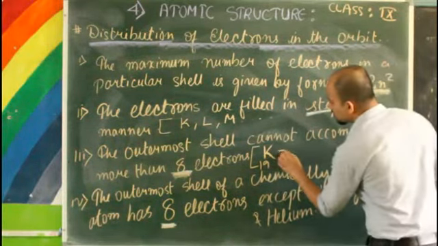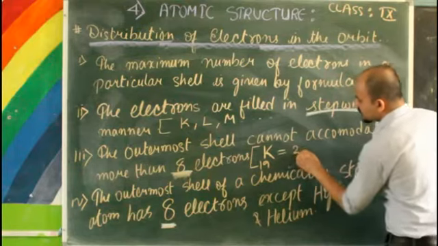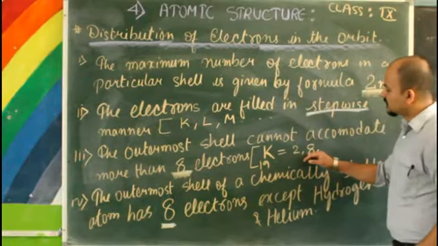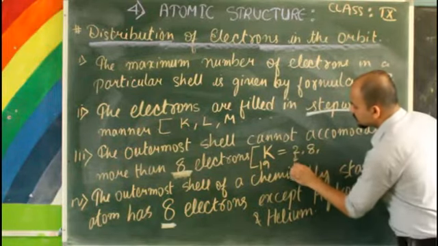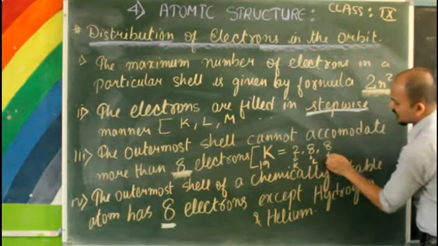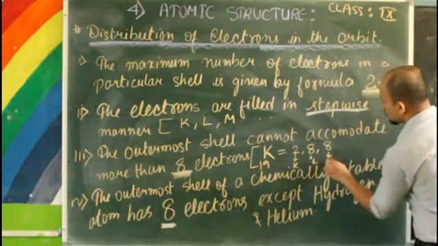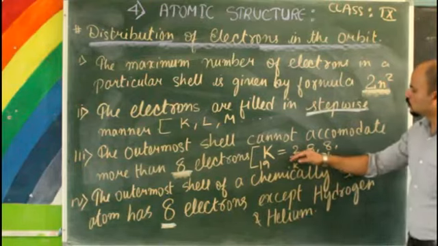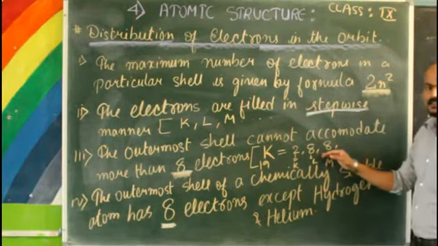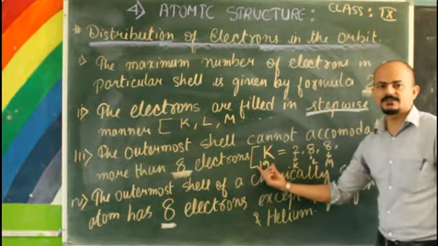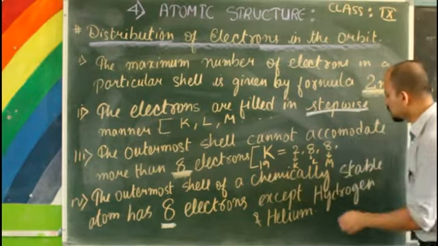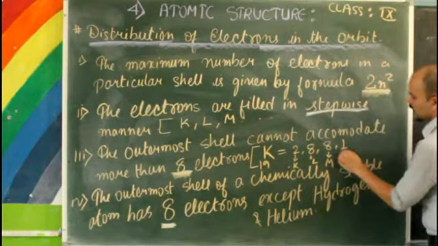So how are the electrons filled? 2 electrons are filled first in the K shell, then 8 electrons in the L shell, then the M shell. Now count the electrons. 2 plus 8 is 10. 10 plus 8 is 18. Now how many more electrons are left? 1 more, because a total of 19 electrons are present. So the next shell will have 1 electron.